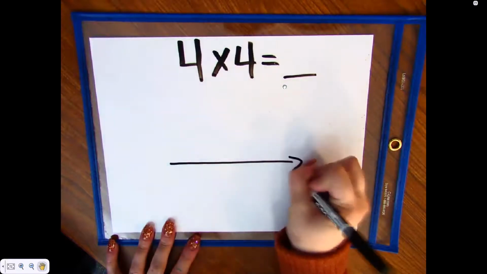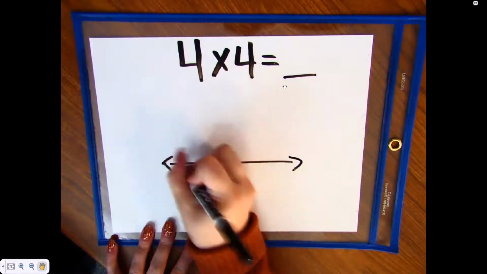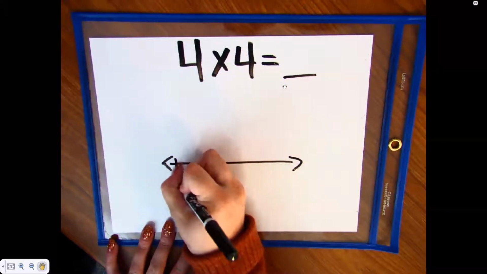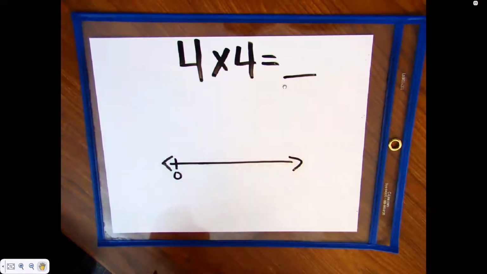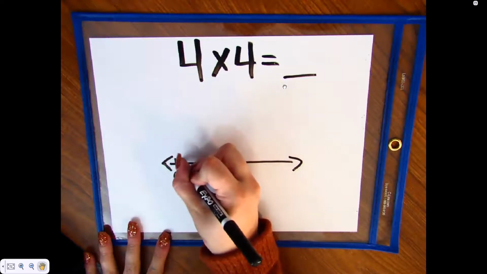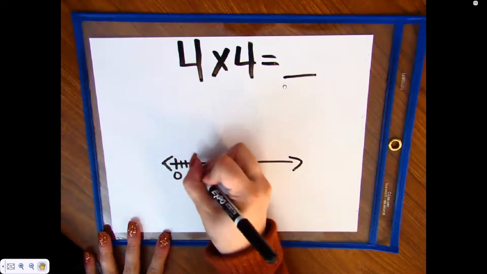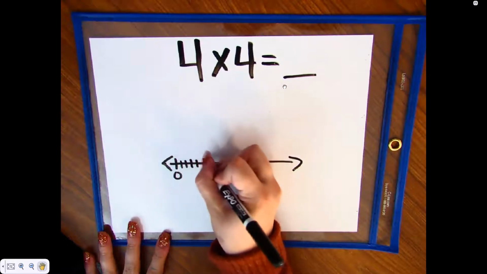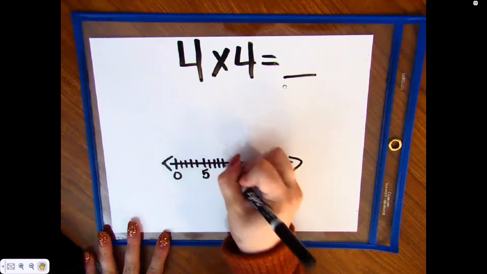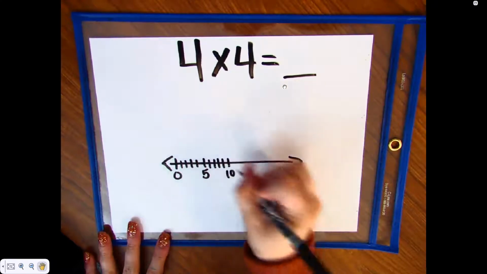So I'm going to draw my number line. So you should be drawing your number line with me. I'm going to start at 0. And then we're actually going to count by 5s on our number line. Okay? 0, 1, 2, 3, 4, 10.